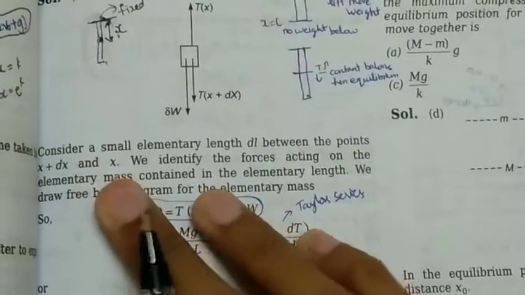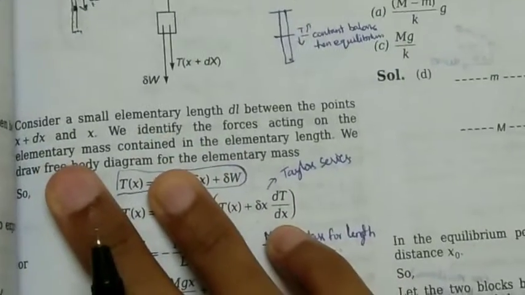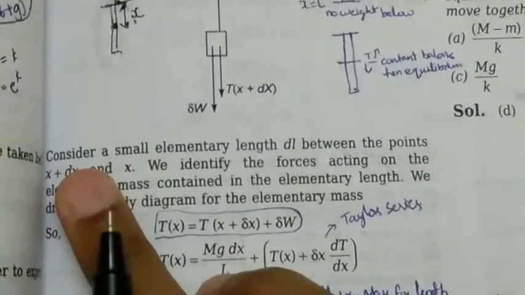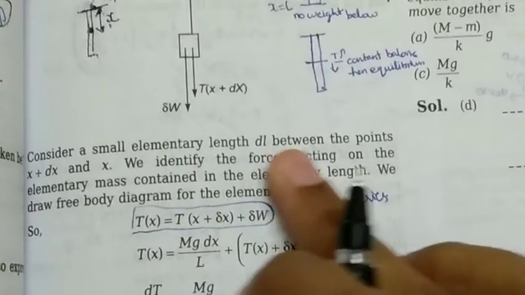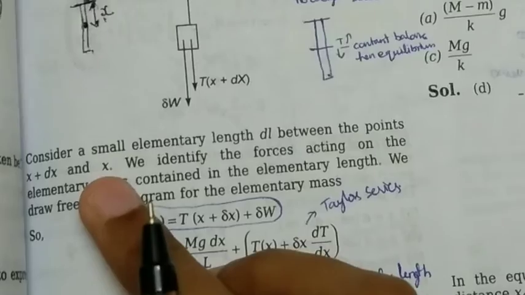So now the solution for this problem is as follows. Consider a small elementary length dl between the points x plus dx and x.